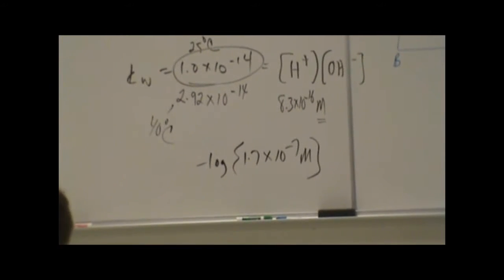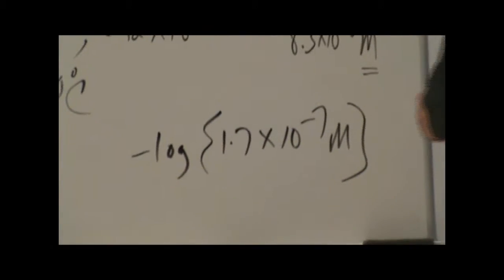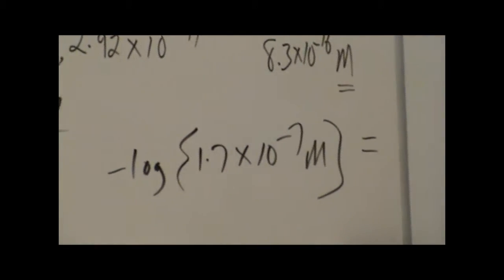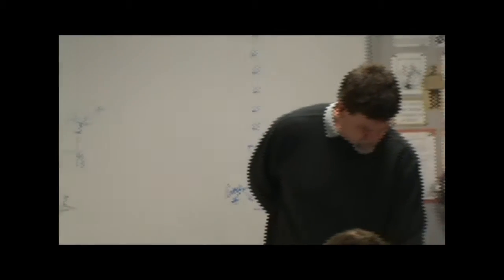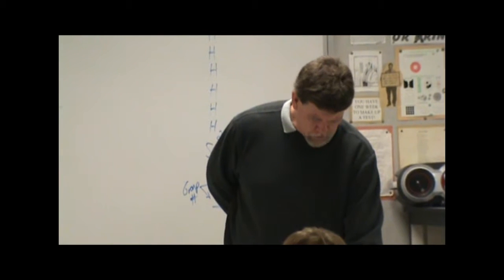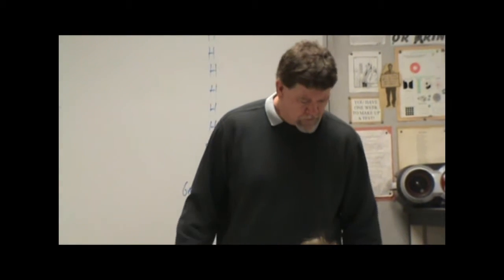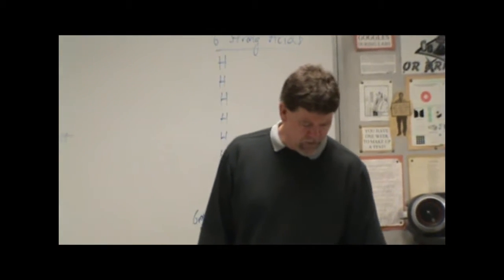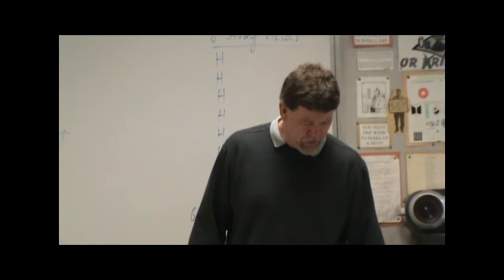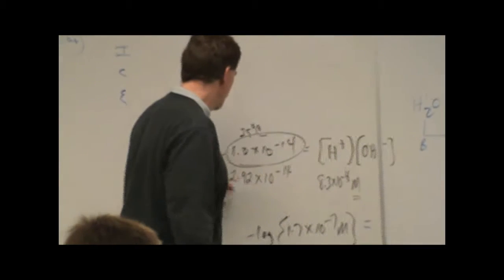So the pH of pure water at 40 degrees is 6 point, and I got a lot of decimals and I want to know why. Let me just check something here. Oh, okay. I'm not going to hit you real hard on this right now. I'll sort of work you into it. But the original KW they gave us was 2.92 times 10 to the minus 14.